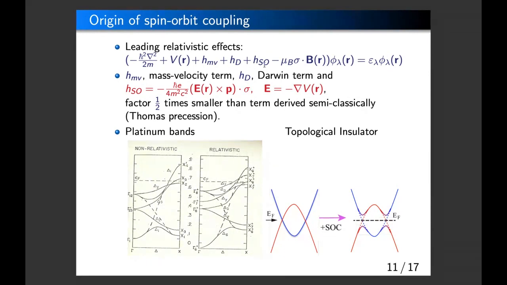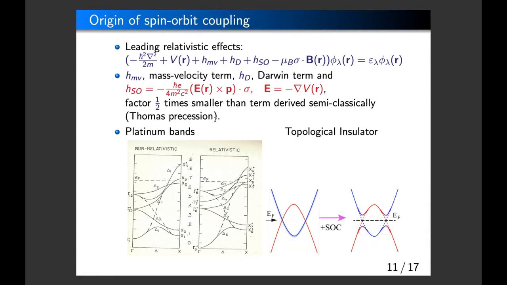But it's the spin orbit coupling that I'm going to focus on here. This is the form it has: some electric field cross product with the momentum, dot product with the spin. And if, from quantum mechanics courses, you were to put a spherically symmetric potential in there, you would see how to get the L dot S term coming out.